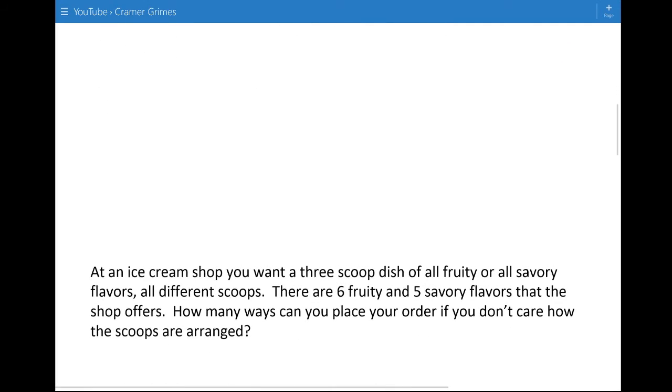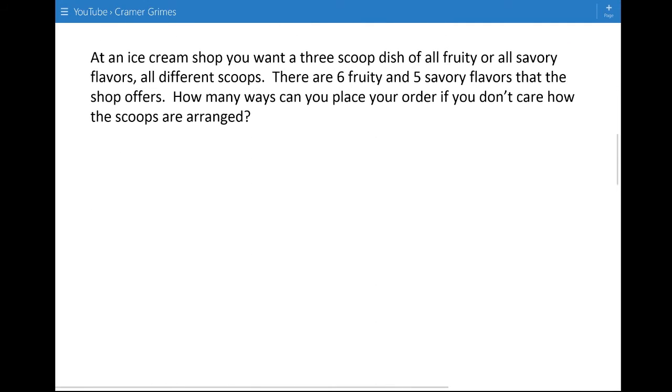Let's look at another one. So at an ice cream shop, you want a 3-scoop dish of all fruity or all savory flavors, all different scoops. There are 6 fruity and 5 savory flavors that the shop offers. How many ways can you place your order if you don't care how the scoops are arranged? So here, let's jot down a few things.